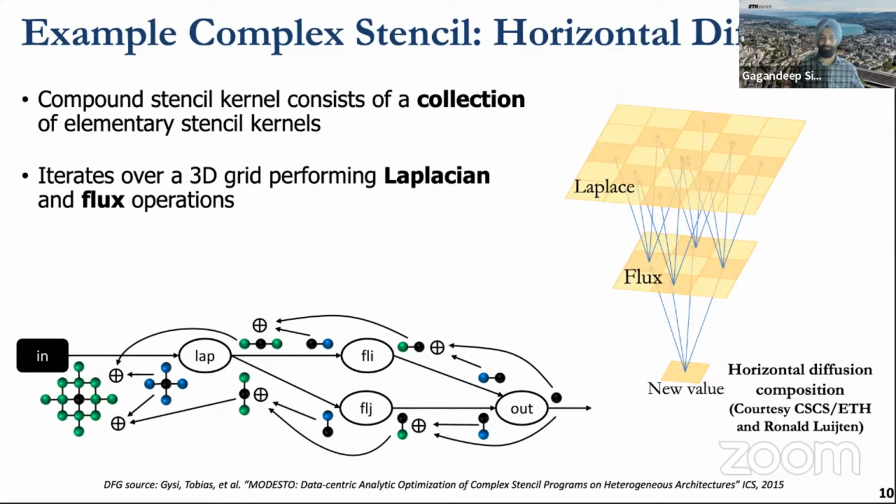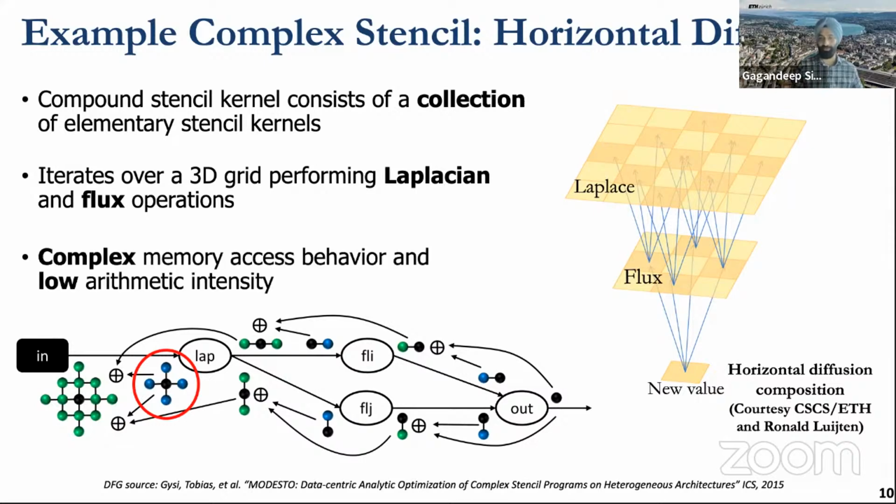For instance, for a single evaluation of a Laplacian stencil, we need to access the input array at 5 different offsets, on a 3D grid. That leads to irregular memory accesses, and you often have cache misses because of that. That's why these stencils are really bad for traditional CPU systems.